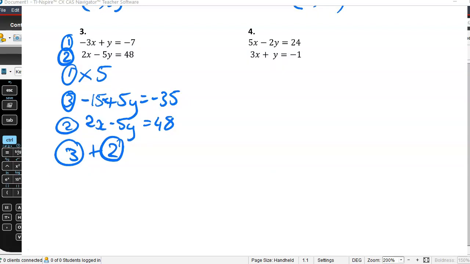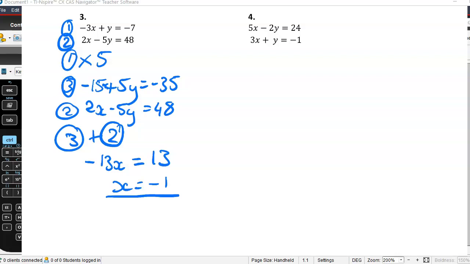So equation 3 plus equation 2, so negative 15x plus 2x is negative 13x. 5y plus negative 5y is 5y minus 5y, so that's 0. Negative 35 plus 48, that gives me positive 13, doesn't it? So x equals negative 1.